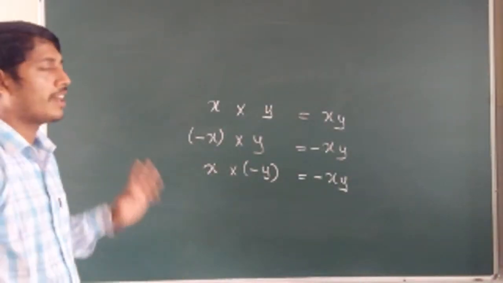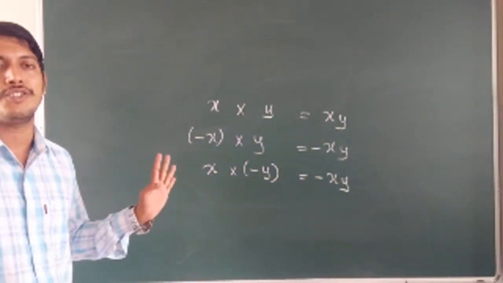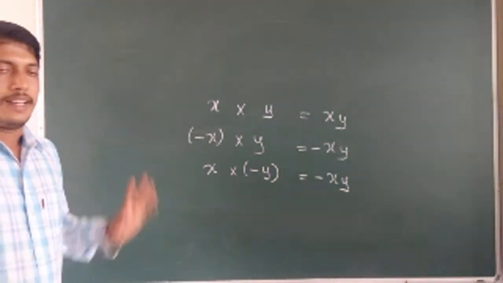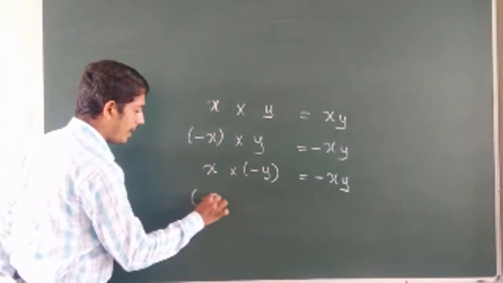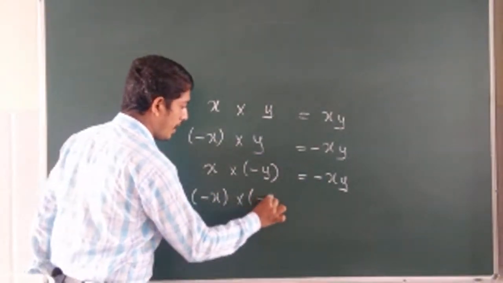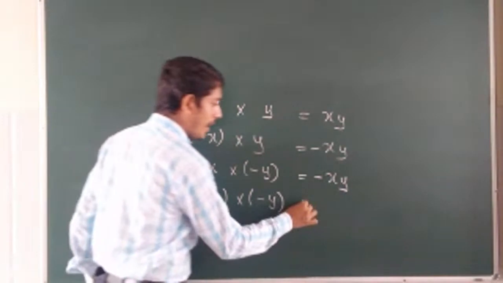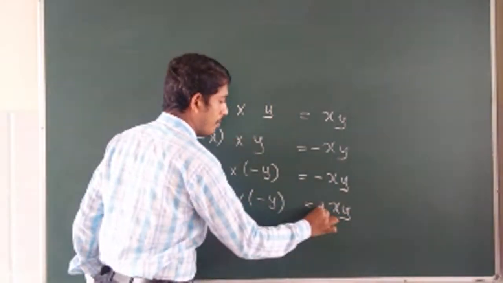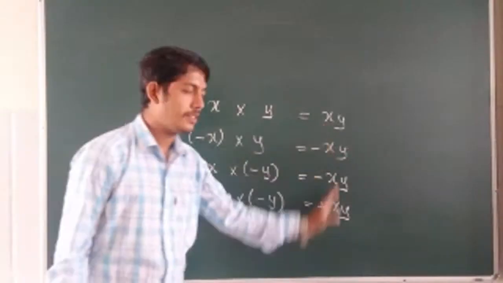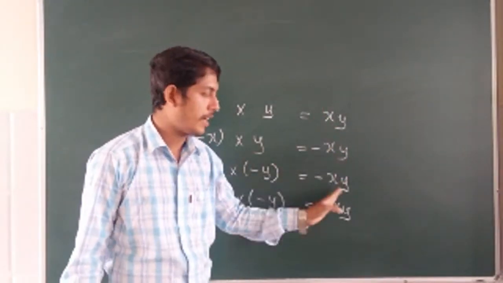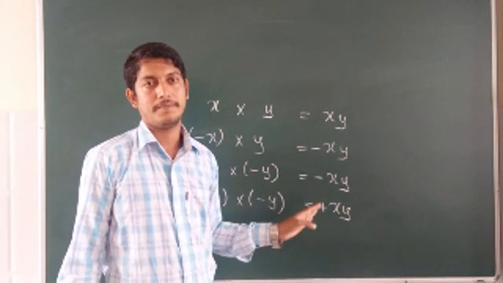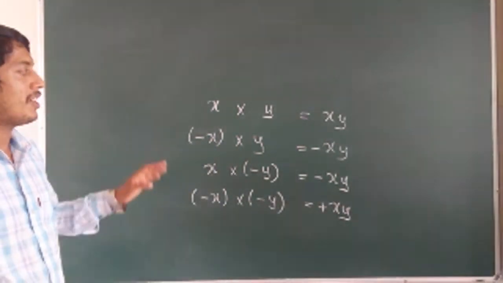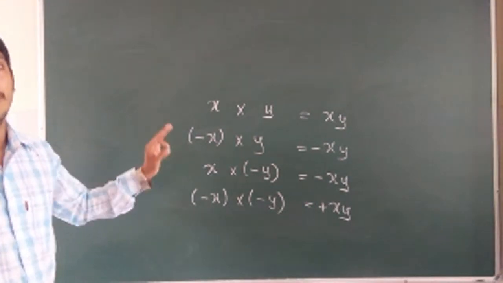Here there are no like terms or unlike terms. We multiply each term, but we have to give importance to the sign. Then minus x into minus y is xy again, minus into minus is plus. So in all the cases we got the product xy, but there is a change in the sign, depending upon the values we consider. It is a multiplication of monomial and monomial.